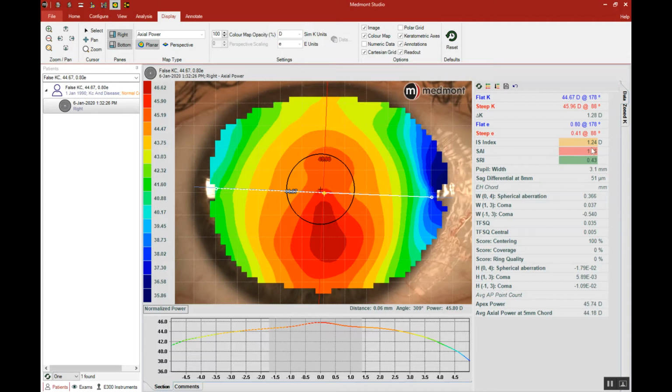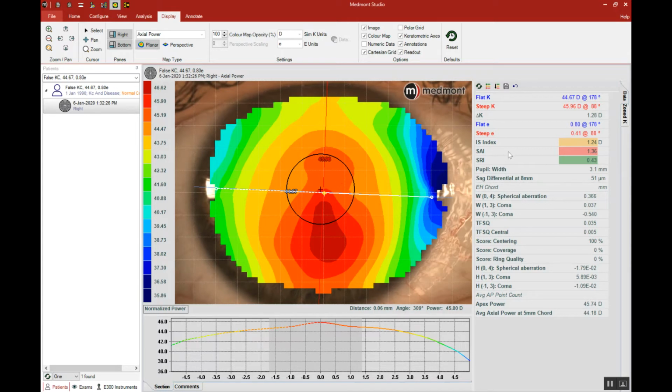In this case, the inferior hemisphere of the cornea is 1.24 diopters steeper than the superior, and that's seen easily in this hot curvature that we see in the inferior cornea that really isn't in the superior cornea. And the width of this area of hot contour is certainly wider compared to the superior.